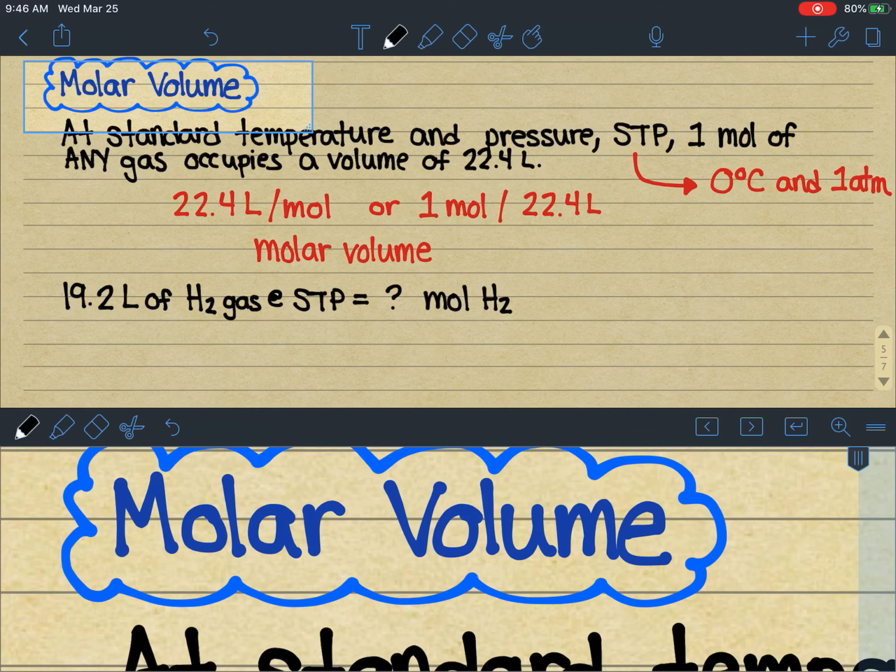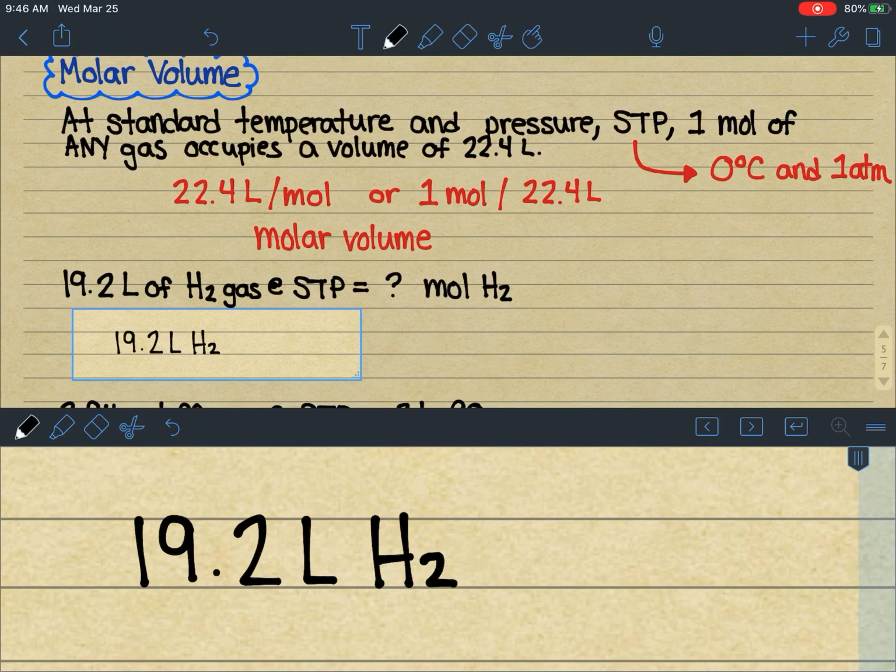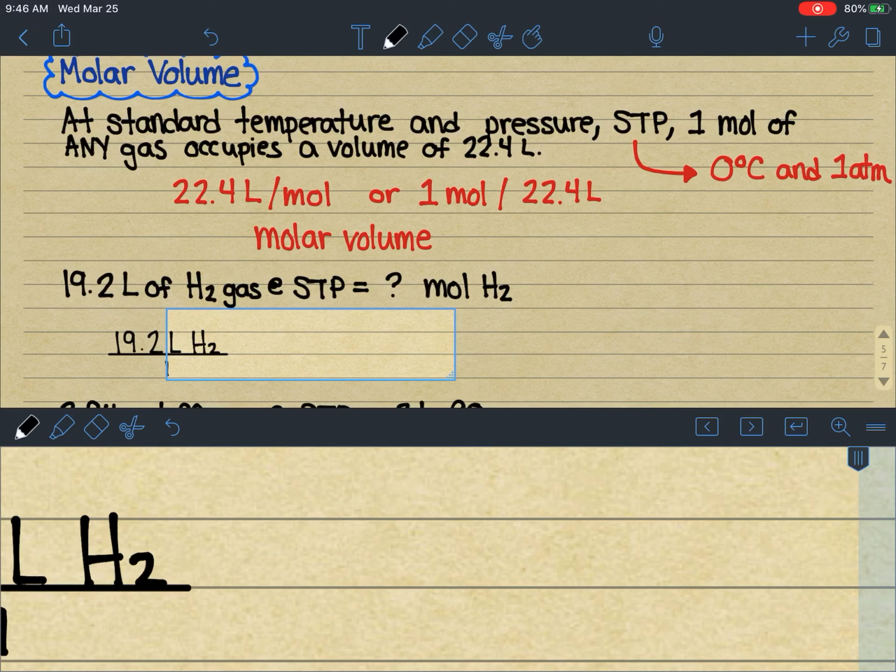Simple things here. If I have 19.2 liters of gas, how many moles of gas am I working with, assuming that I'm at that standard temperature and pressure? If I am not at standard temperature and pressure, then there are other equations you use, but we're not going to be doing that in this unit. That would be focused in on the gas laws unit.